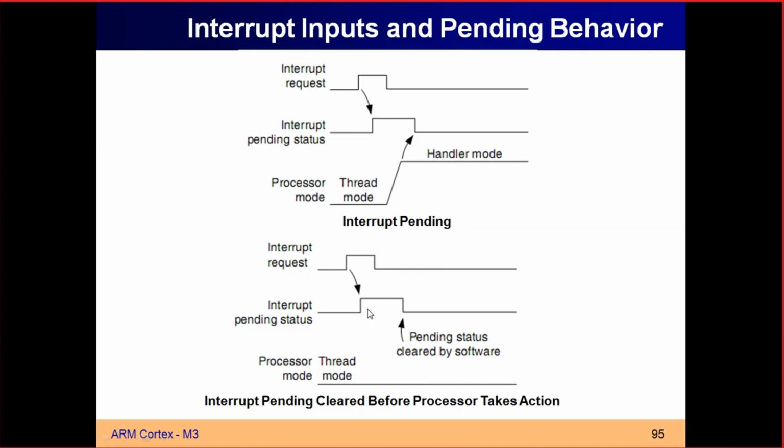So when you clear the pending status bit before the processor execution starts, what will happen? It cannot find out that an interrupt has been generated. That means the ISR will not be executed if we clear the pending status bit before the start of the ISR.